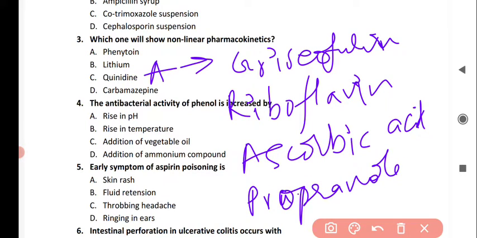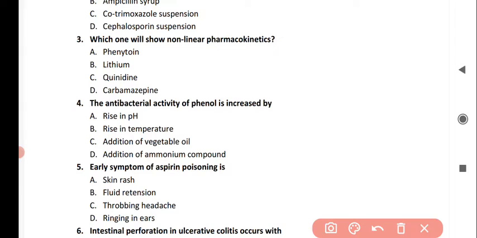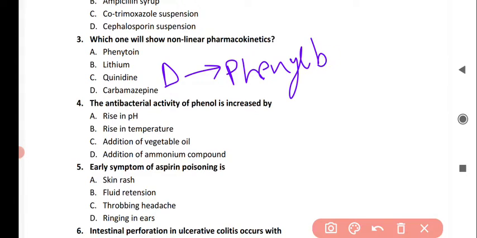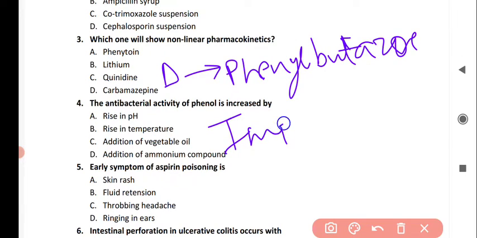These are the different drugs that will cause non-linear pharmacokinetics due to drug absorption. Then if I talk about drug distribution, the drugs that cause non-linearity due to drug distribution include phenylbutazone, imipramine.